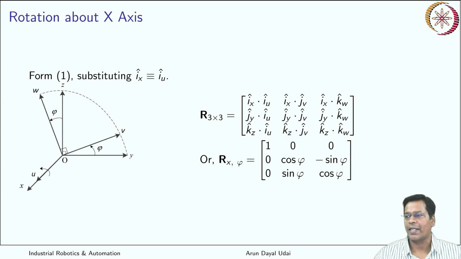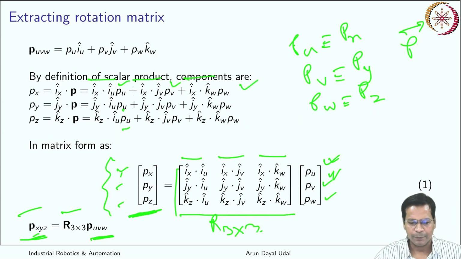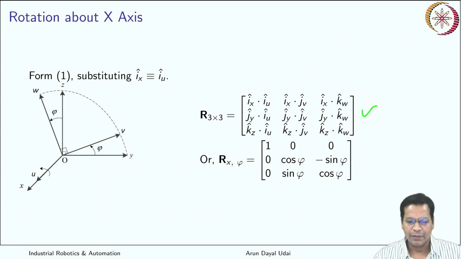Now let us say, can I derive pure rotation about x-axis? In order to do that, let us start with what we have obtained here, and substitute. IU is not changing.